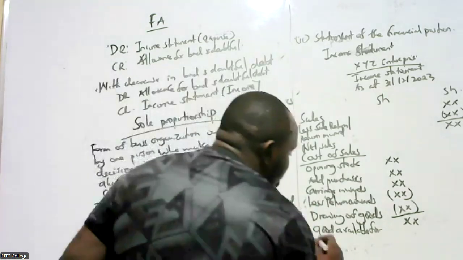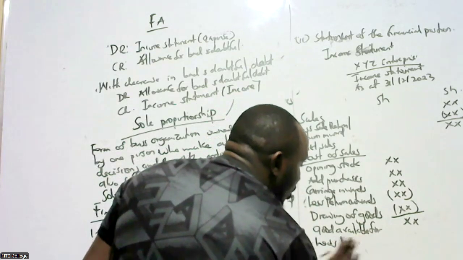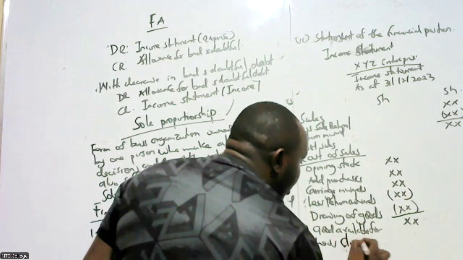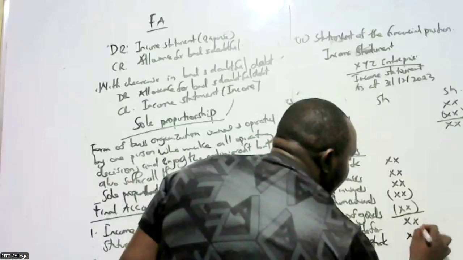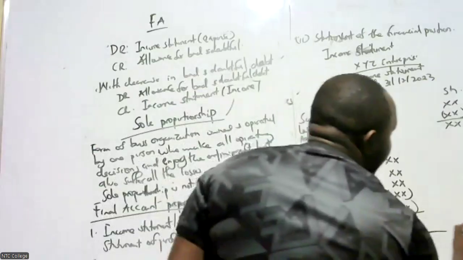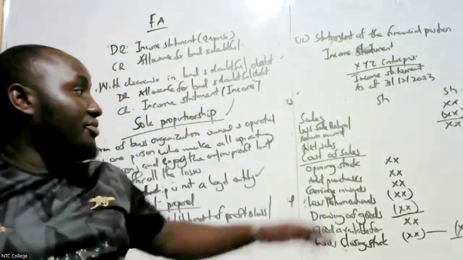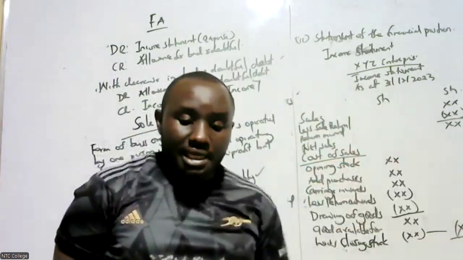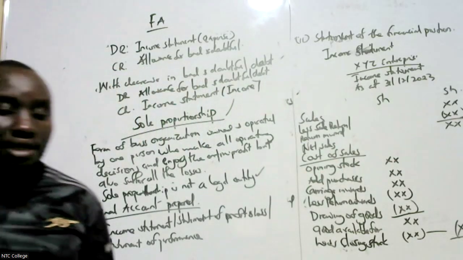Then we less closing stock, what you call the closing stock or closing inventory. Once we less this, that is the figure of the cost of goods sold. What is the difference between net sales and the cost of sales?